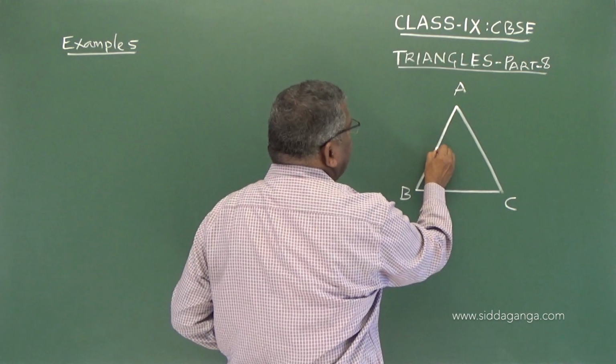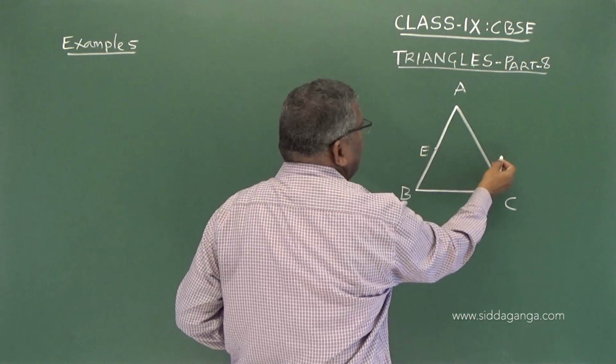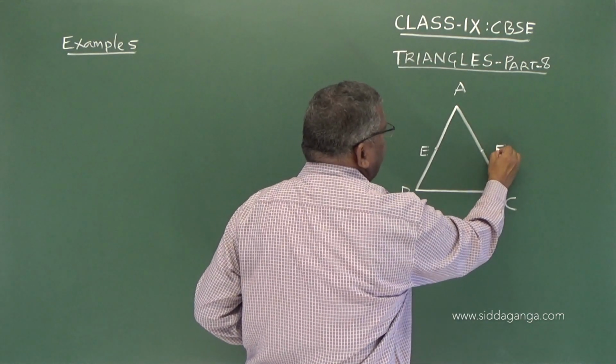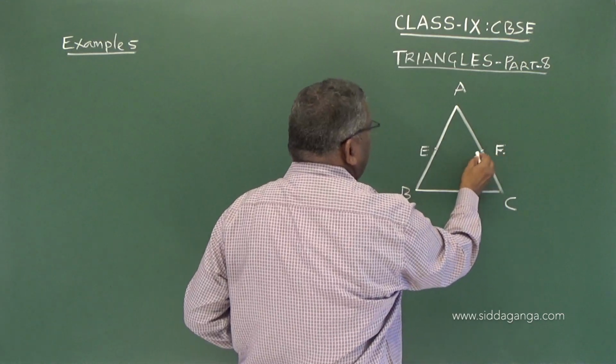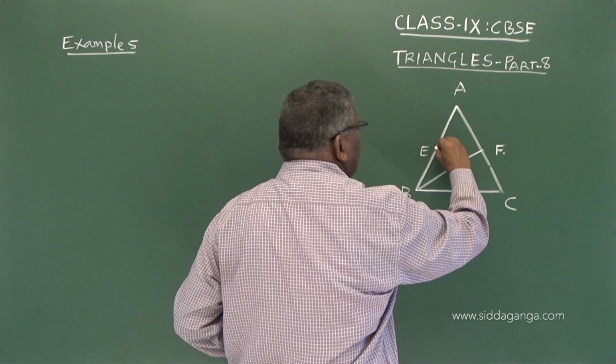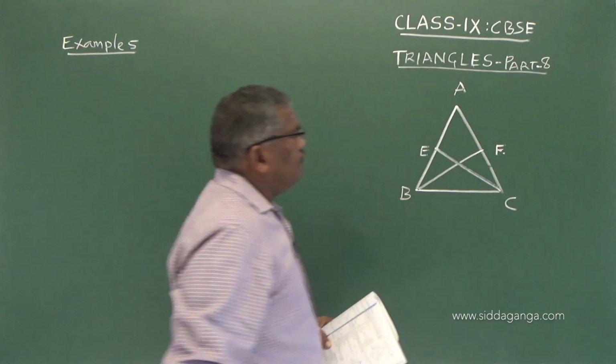Let us say AB's midpoint is E, and AC's midpoint is F. So, join BF and EC.